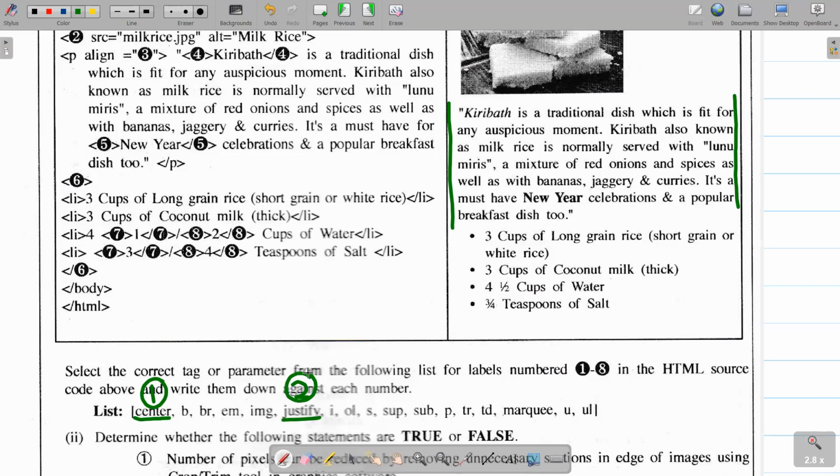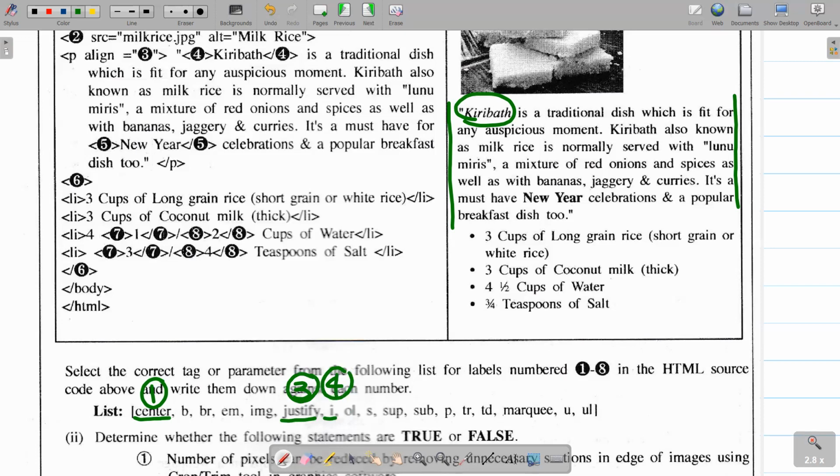And then Kiribath, this little word is italicized, so it's going to be I, which is the third. And I'm sorry, not the third, I jumbled the numbers. Justify comes with the third, italicize comes with the fourth.